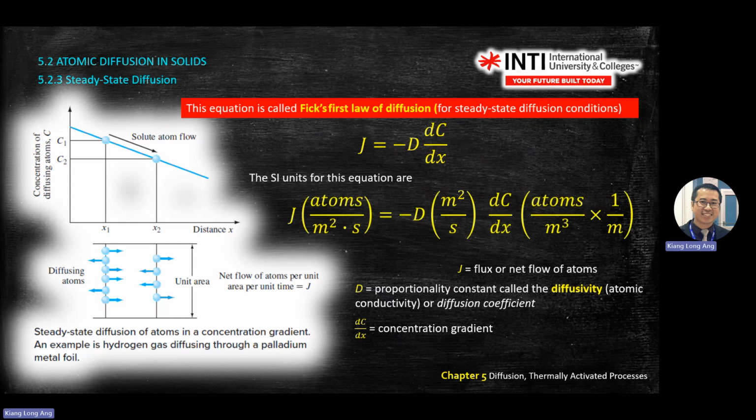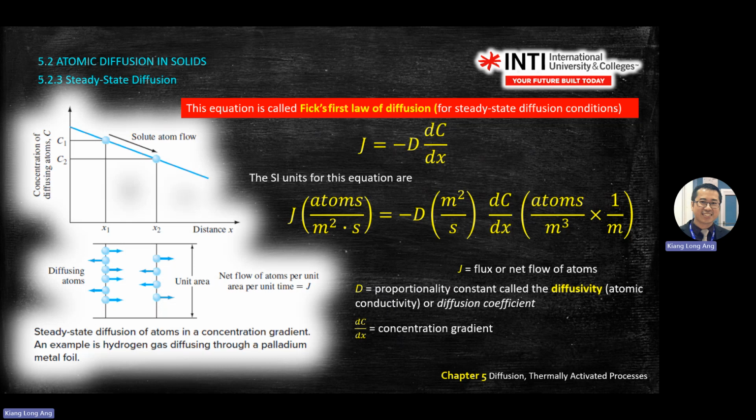The SI unit: J is atoms per meter square second. D, the diffusion coefficient, is meter square over second. Meter square is the area, over second. Look at the plane of diffusion: how many atoms can move past the surface per meter square per second. dc over dx is the gradient of the C versus X graph, the one you see on the screen here.